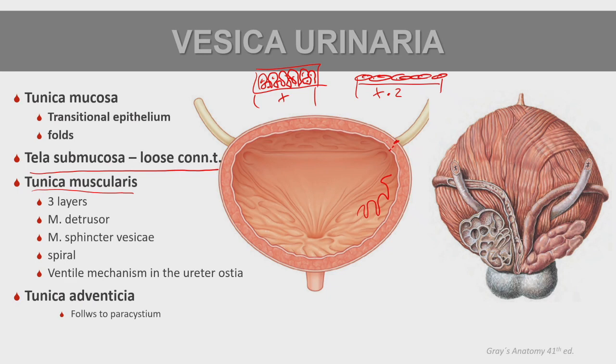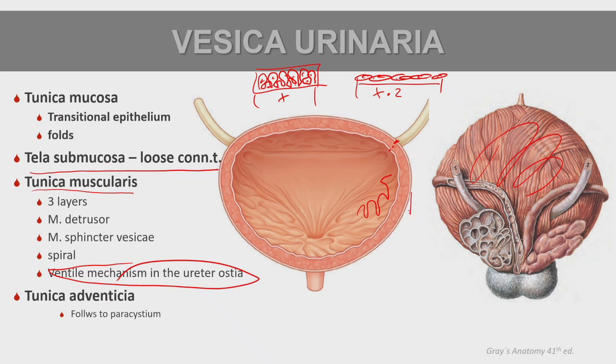If you remember, myocardium also has a spiral manner of muscular layers. Also, uterus has the same manner. So all those organs have a spiral manner of fibers, and it could help to equip a ventile mechanism in ostia.